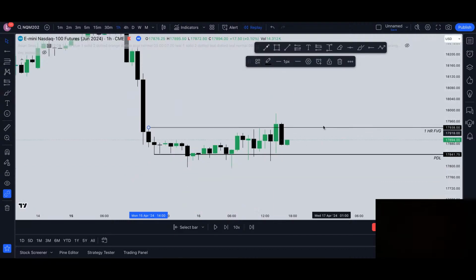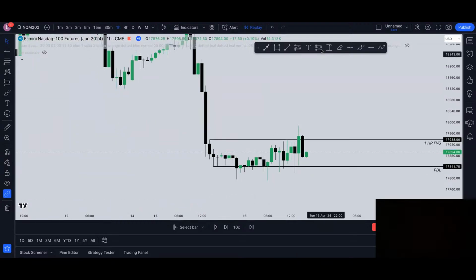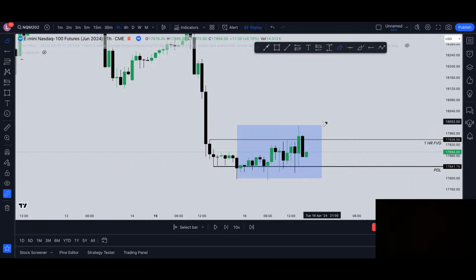But because of the big drop on Monday, as expected, as ICT teaches, Tuesday is a small range day. And it's not like we can't trade small range days. We can, but we gotta be very careful trading them because oftentimes we have high resistance liquidity runs in these small ranges.